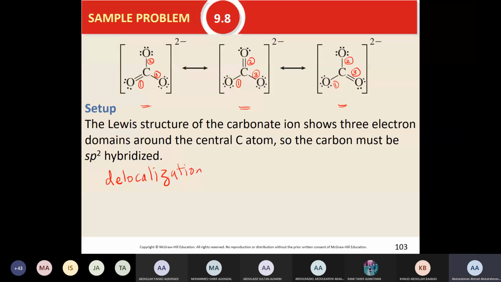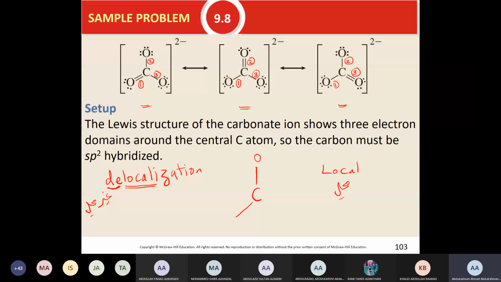I want you to memorize this word, delocalization. What does local mean? Local means a specific place. De means negation, so delocalized means not local. Actually, how are we looking at this bond?